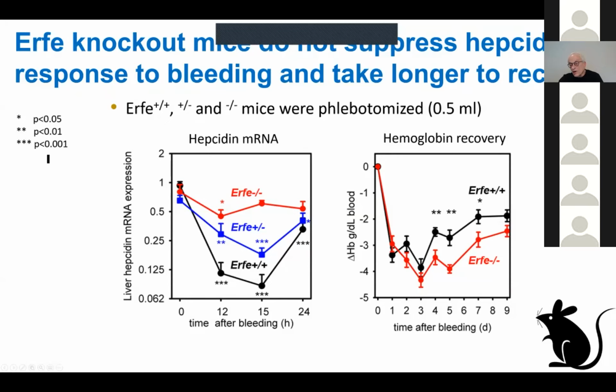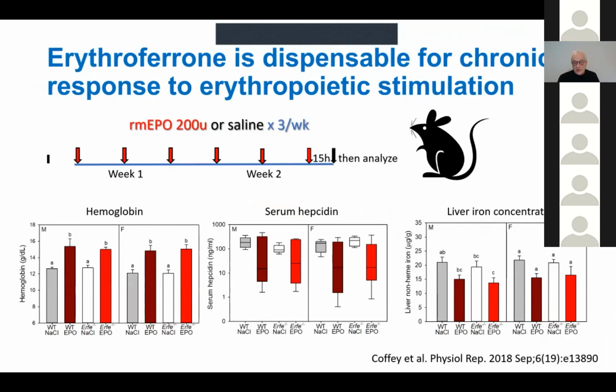The erythroferrone knockout mice are delayed by 2 to 3 days in that recovery. So we postulated then that erythroferrone is a stress hormone that is helpful to mammals and maybe other vertebrates as well for recovery from a hemorrhagic insult. But interestingly enough, it is completely dispensable for chronic response to erythropoietic stimulation.